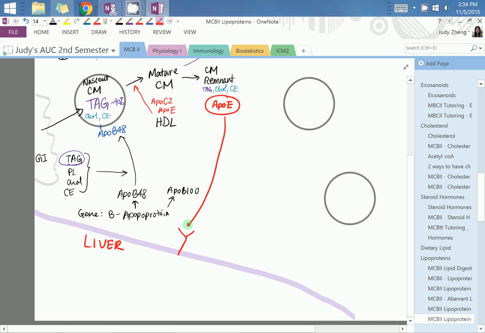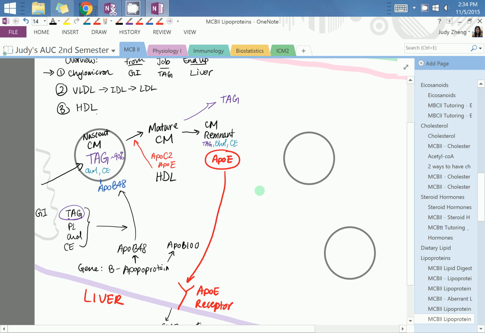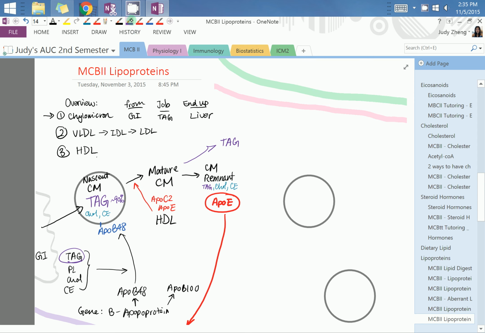ApoE is going to bind to this ApoE receptor on the liver, and this is going to result in the chylomicron remnant being taken up by the liver. So this is basically the whole life cycle of a chylomicron, so to speak.